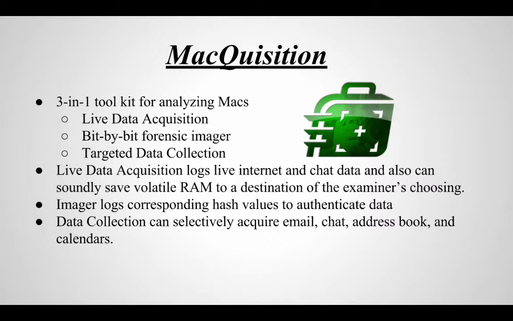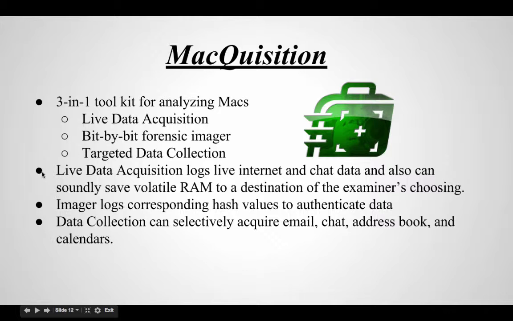Once SoftBlock is installed on the forensic examiner's machine, he can then install Macquisition. Macquisition is a 3-in-1 toolkit for analyzing Mac data. Three components of this are the live data acquisition, a bit-by-bit forensic imager, and a targeted data collection.